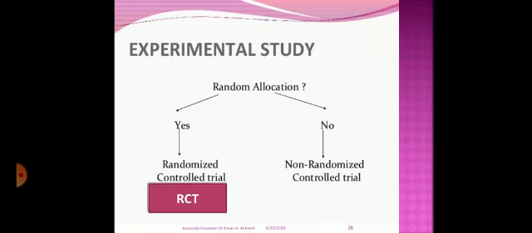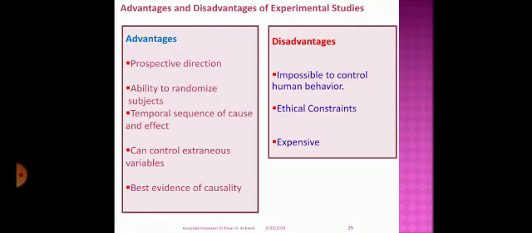In a clinical trial, we allocate the individuals either randomly or non-randomly. So there are two types: randomized controlled trial or non-randomized controlled trial, depending on whether the sample taken to be involved in the experiment is random or not.